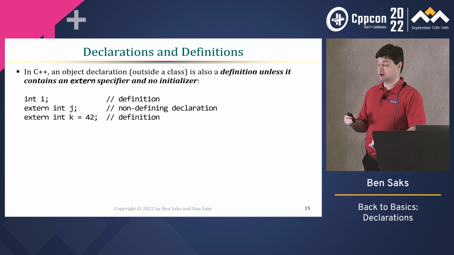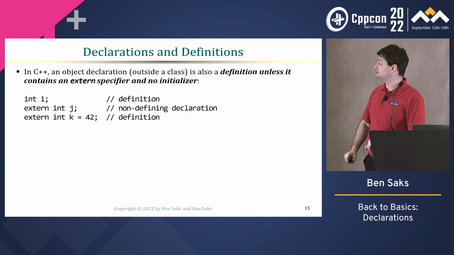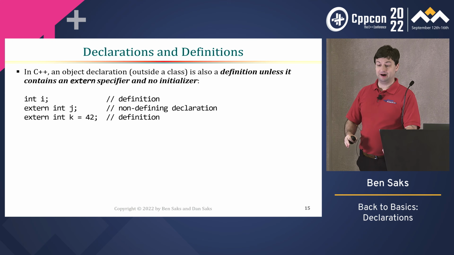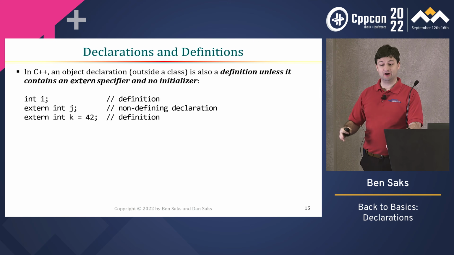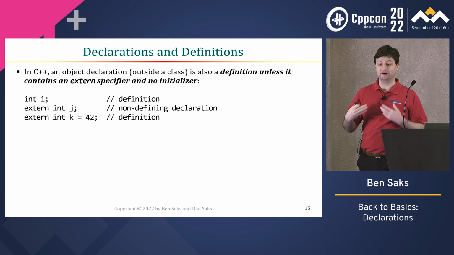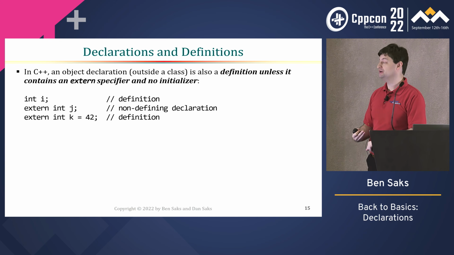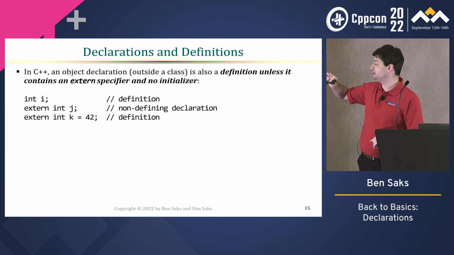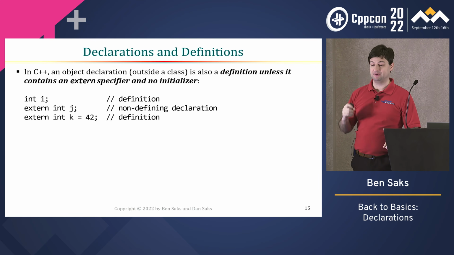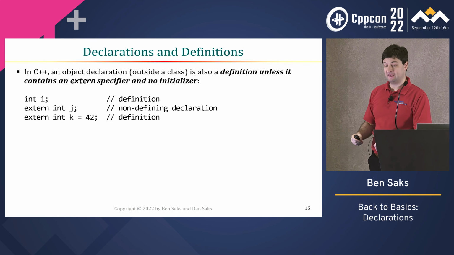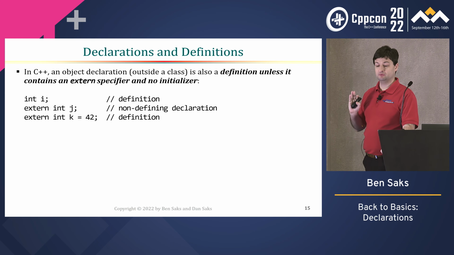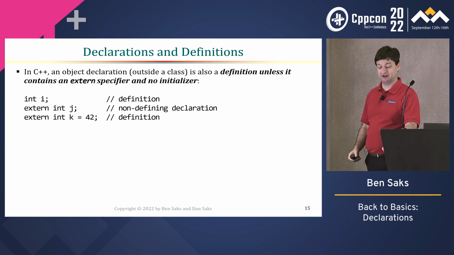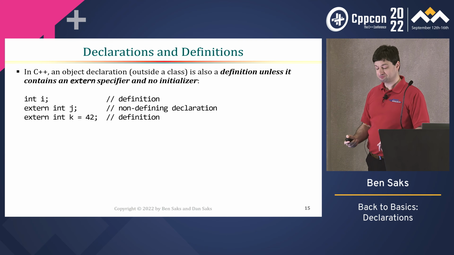When we talk about objects, int i there, int i is a definition. We have to go a little ways out of our way to get something that is actually a non-defining declaration for an object. We need to use the keyword extern, like in that middle example there, and we need to not provide an initializer for that value.